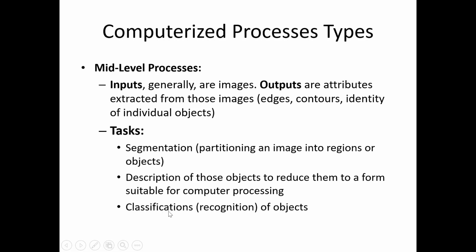Similarly, classification is used for the purpose of recognition, and descriptions of those objects are used to reduce them to a form so that they can be processed for further operations.